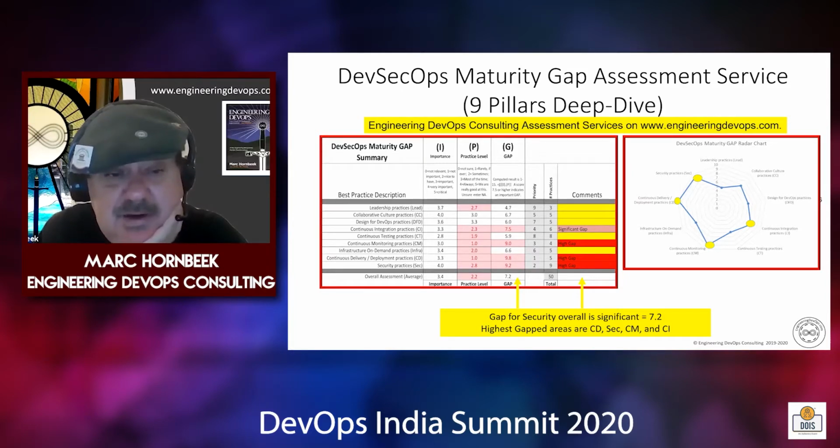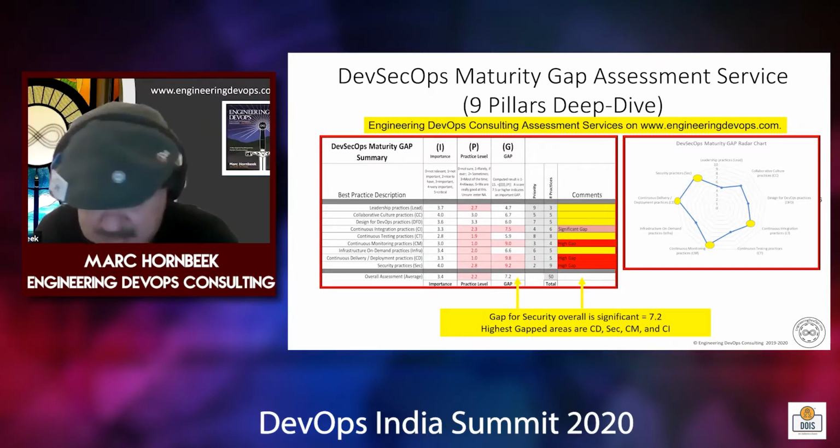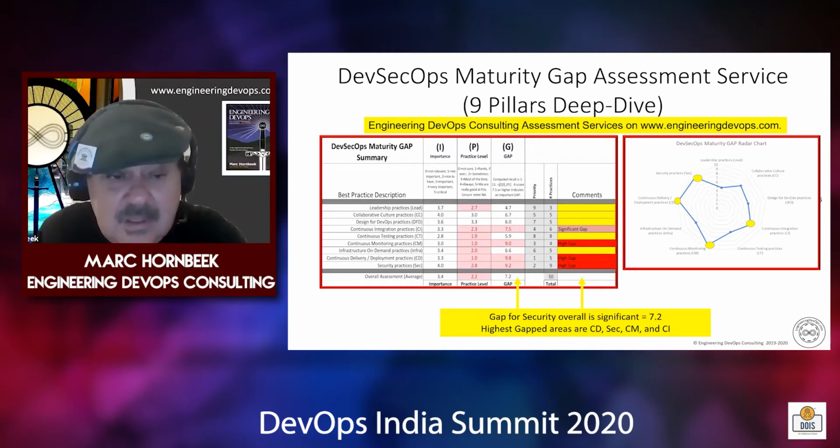The pillars being leadership practices, collaborative culture practices, design for DevOps practices, so things like how do you design your applications for security, continuous integration, continuous testing, continuous monitoring, infrastructure on demand, delivery and deployment, and then security itself is a pillar, those things across all the other pillars. So these are a set of practices.